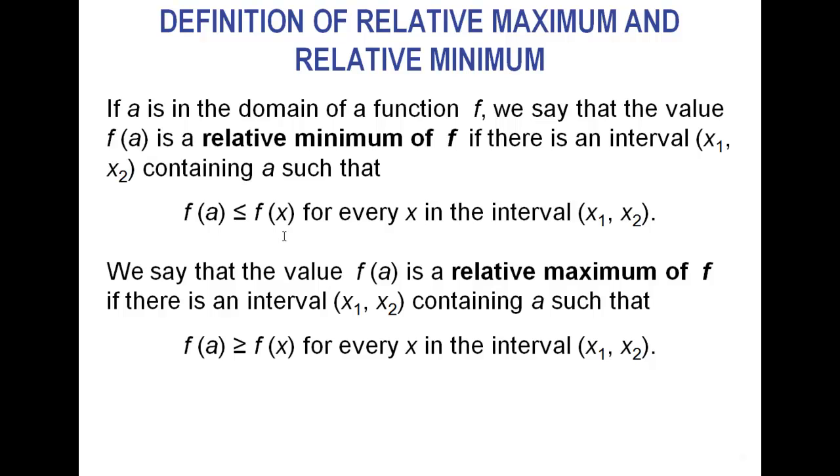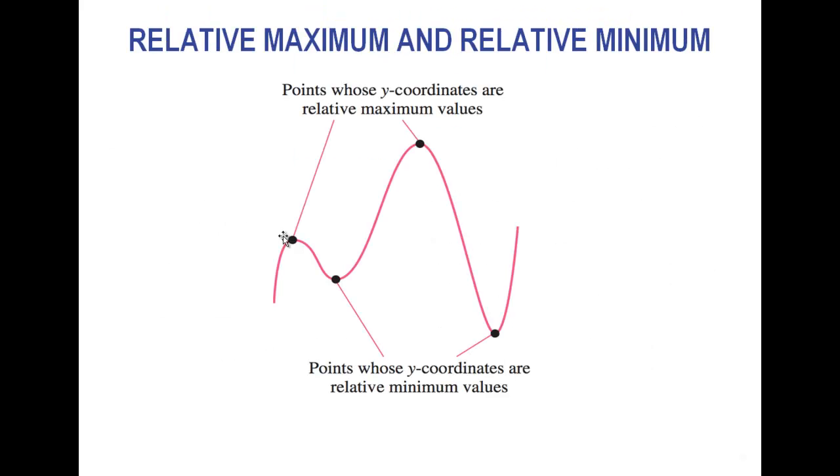A relative minimum of a function or a relative maximum of a function are just points that are, for a minimum, the smallest, and for a maximum, the tallest, in a certain neighborhood. Again, don't get worried about the specific definition. Just make sure you understand the idea. And the best way to do that is to look at a picture.